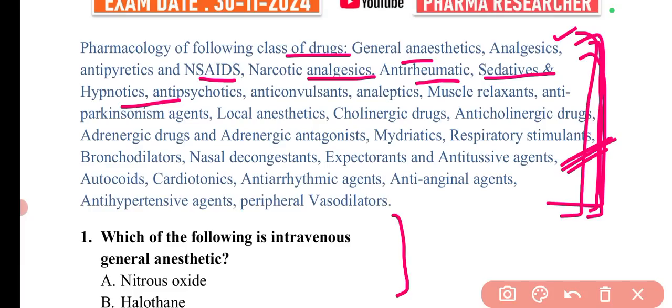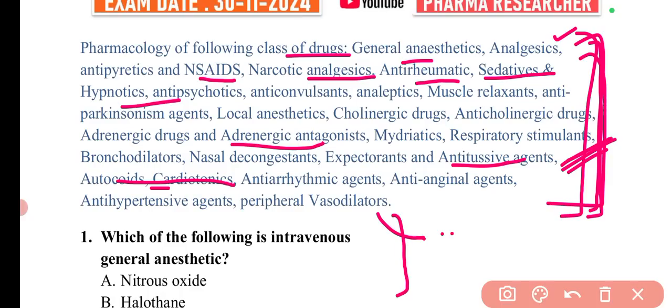So mostly what kind of questions will be framed on these classifications? Some are direct questions, like which of the following is an antitussive drug, which of the following is an adrenergic agonist, which of the following is a cardiotonic.